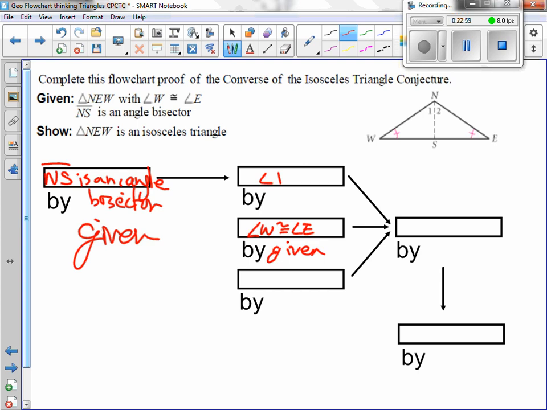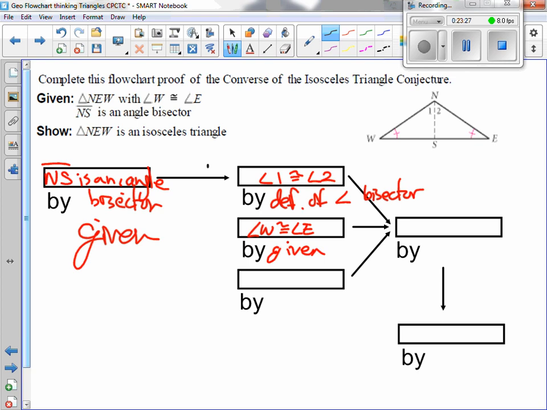So I can just say angle 1 is congruent to angle 2, by the definition of angle bisector. Because the definition of an angle bisector means that it cuts the angle in half. It cuts it into 2 congruent angles.